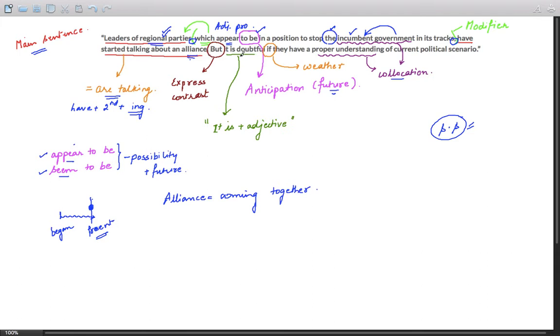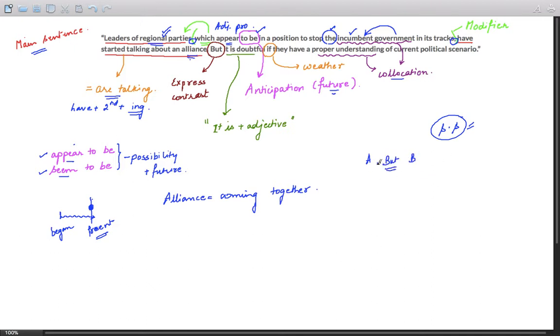Okay, let us move to the next sentence. But it is doubtful if they have a proper understanding of the current political scenario. Now, but is used to refer to a contrast. That is, though something A took place, there is an opposite element B. So if there is an A and there is something which is opposite of A and that is B, you place a but over here.